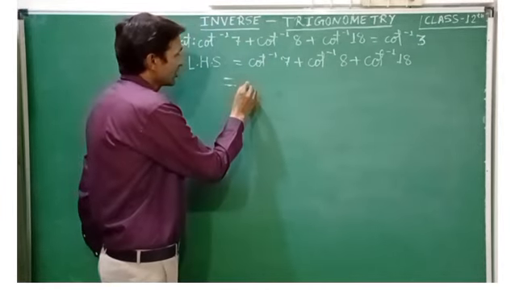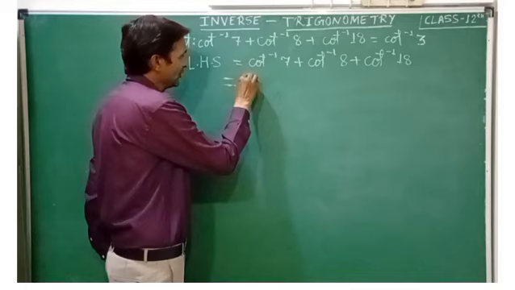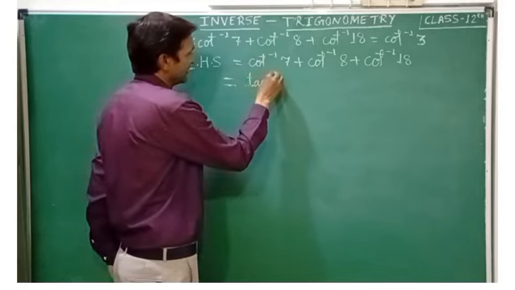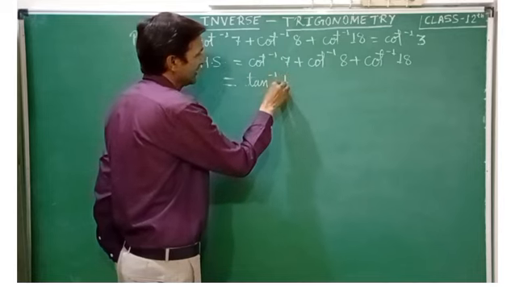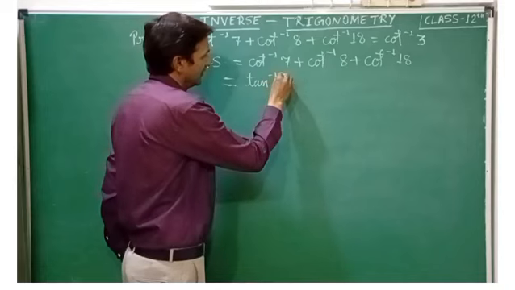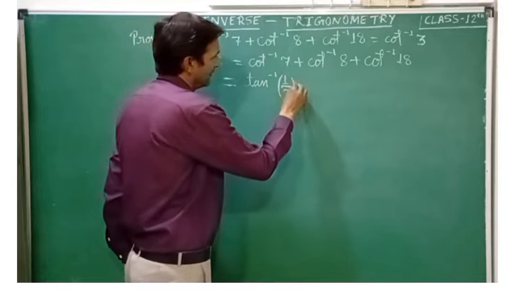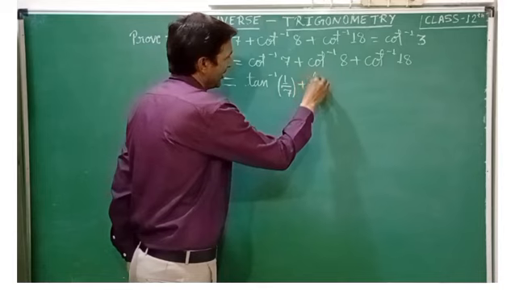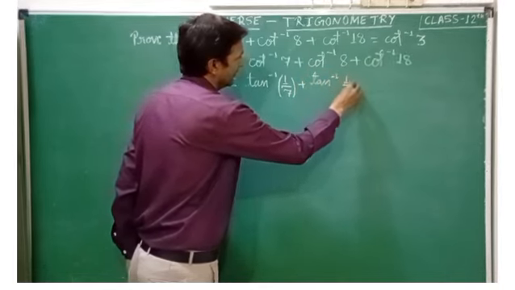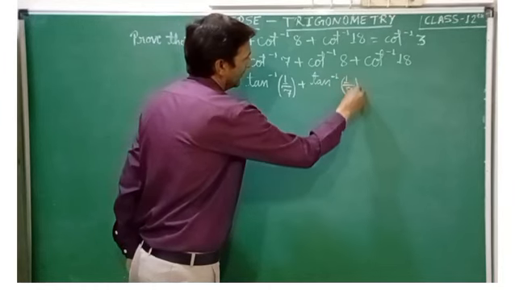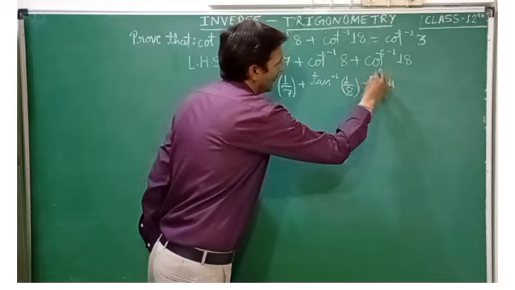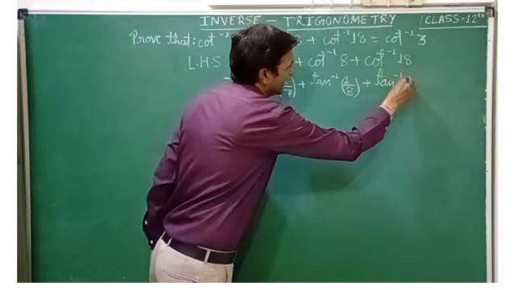So cot inverse 7 is equal to tan inverse 1 upon 7, plus tan inverse 1 upon 8, plus tan inverse 1 upon 18.